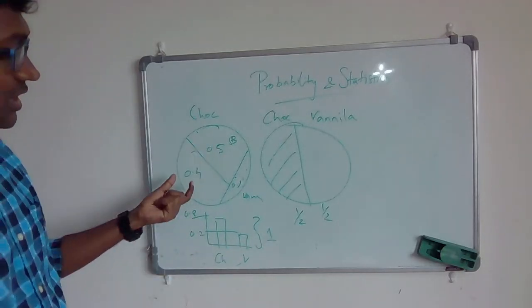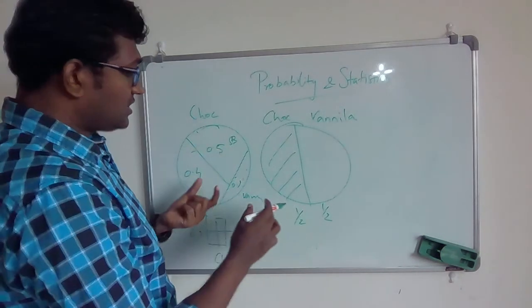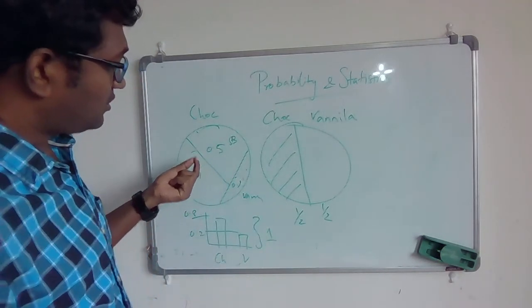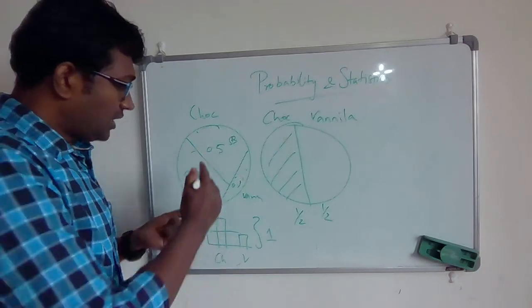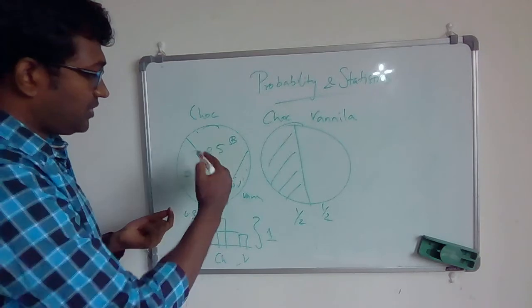And this is an example of a discrete distribution, where I can have variation in the cuts between these two.